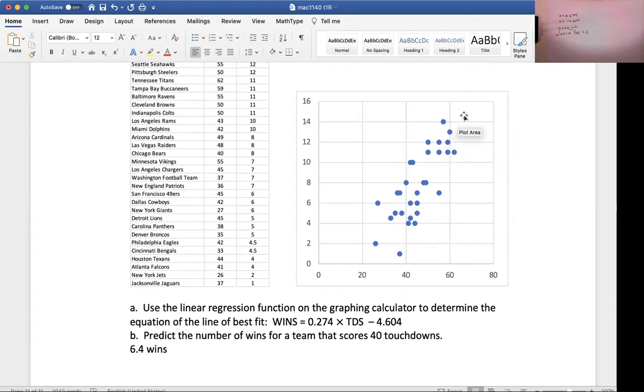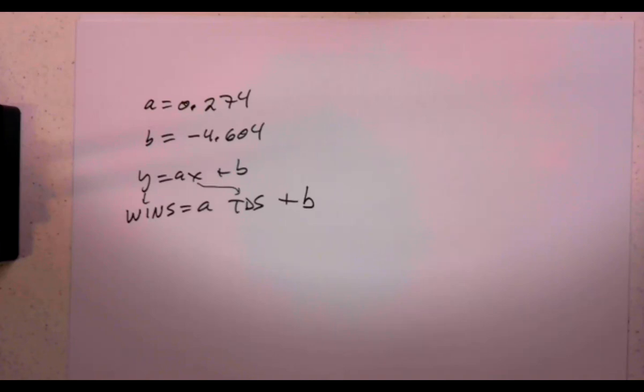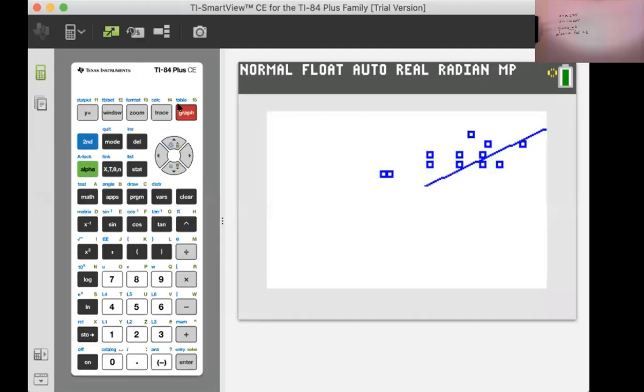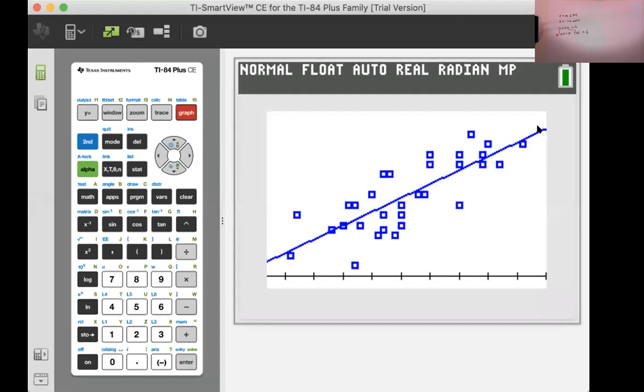How many field goals do you get? There are other issues that are involved. But we see that that linear regression equation gives us a fairly good predictor of how that works. And then if we're looking at our scatter plot again, there is the line of best fit going through the scatter plot.